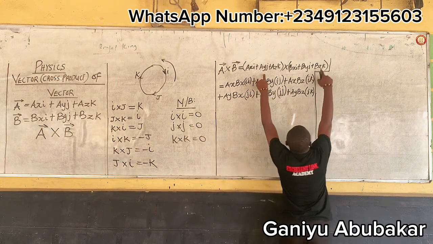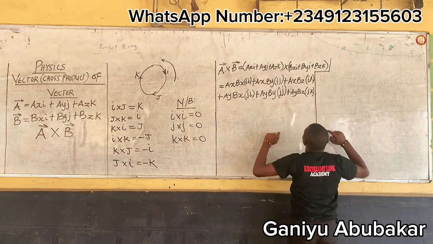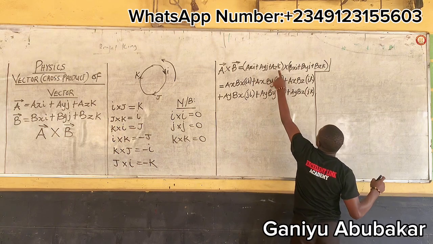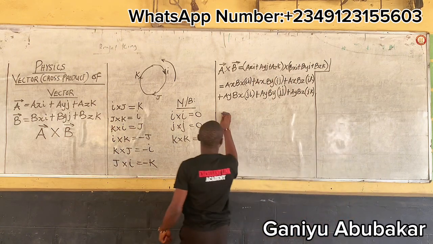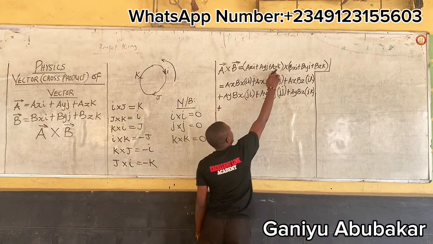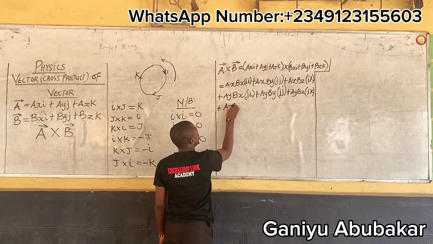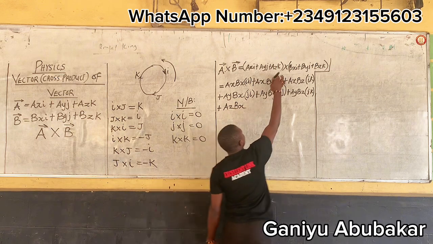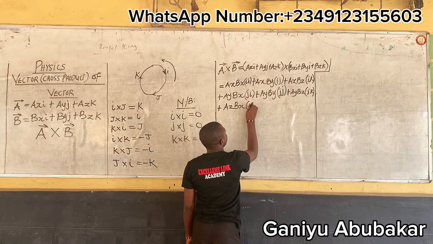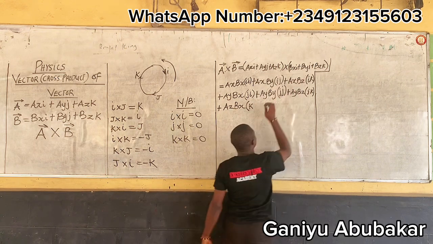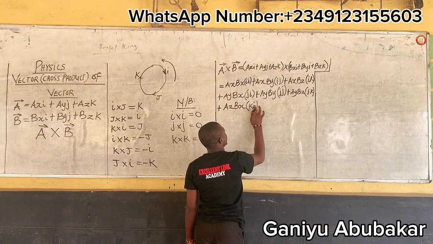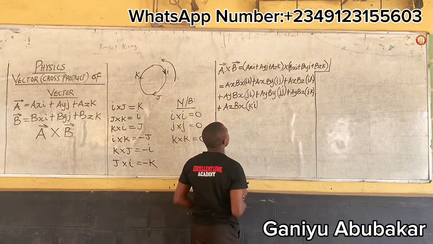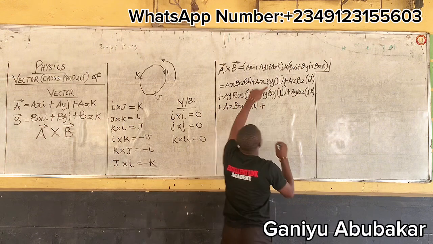This with this now, so this is j and k. What's the last one there? A_z k with everything. So plus A_z with the first one, B_x, k and i. Sorry, k and i, plus this one with the next one.